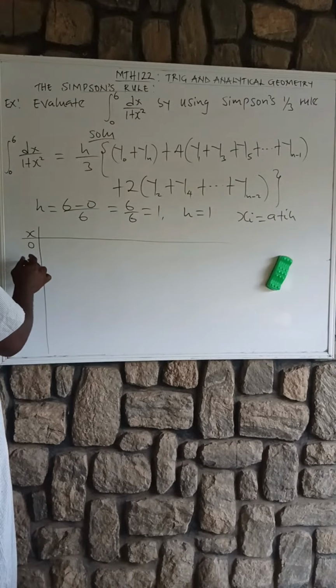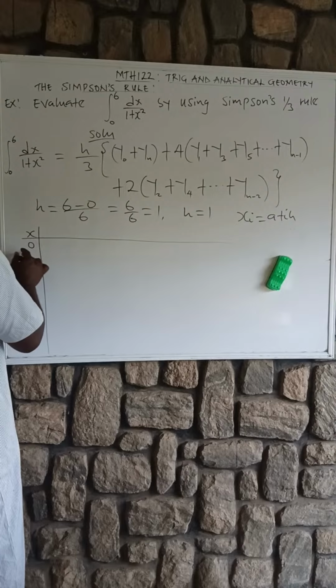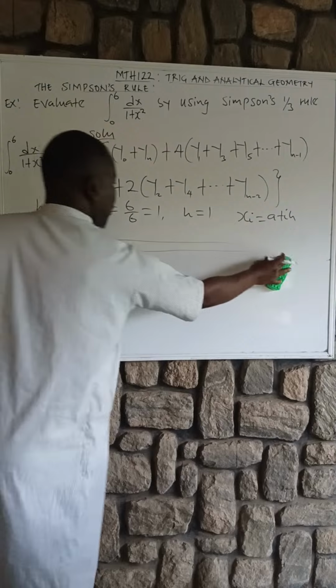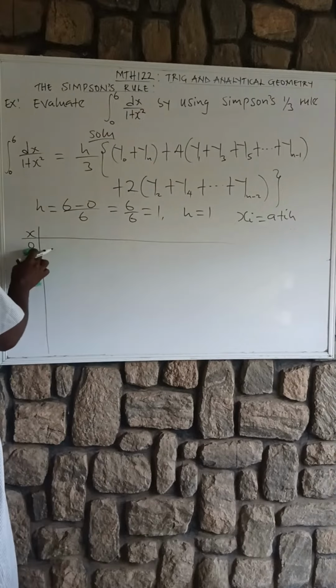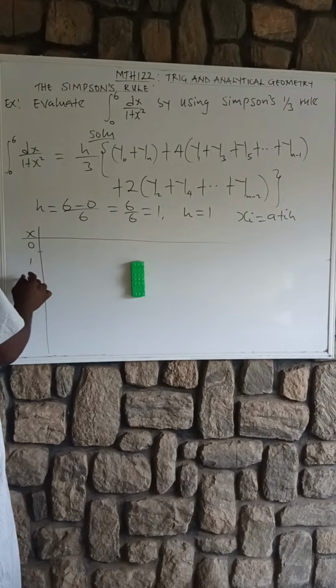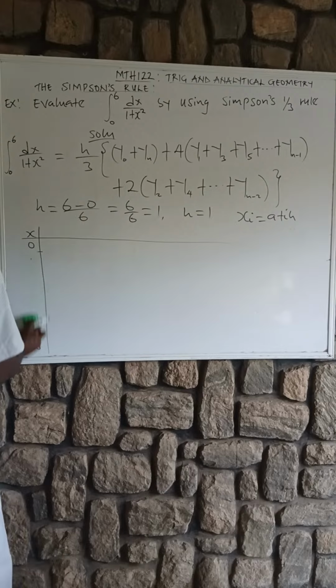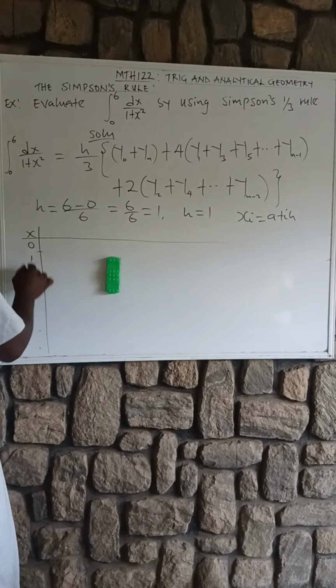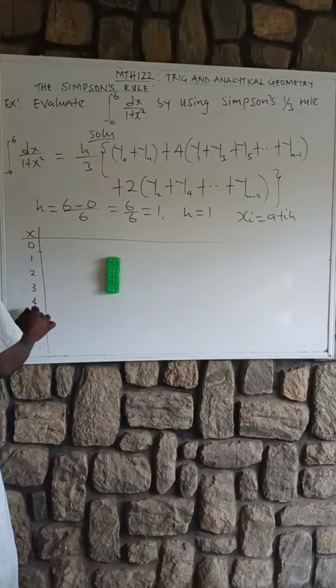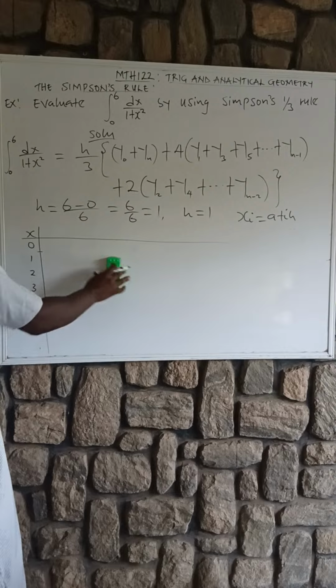Then we have 0, 1, 2, 3, 4, 5, and 6. So this is what we are going to do.